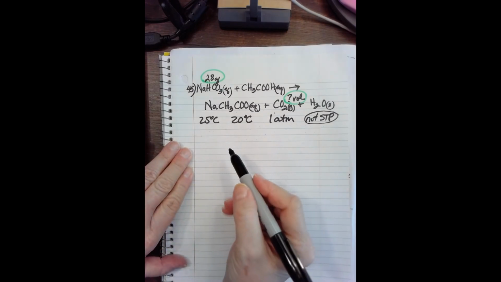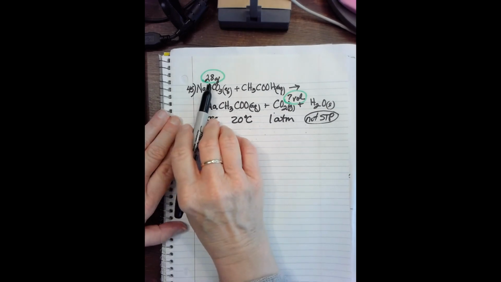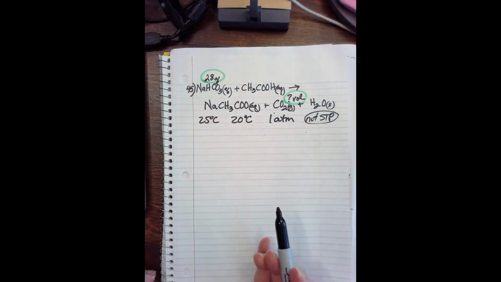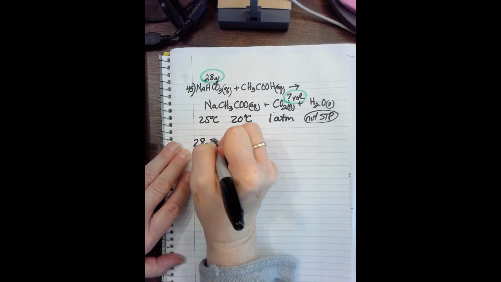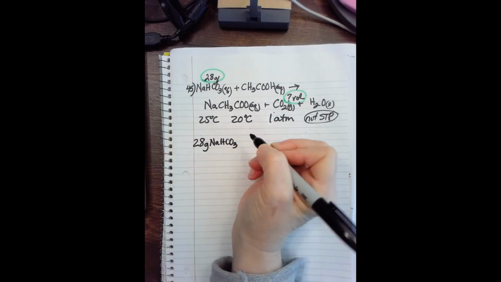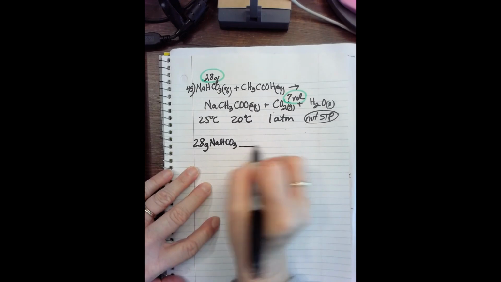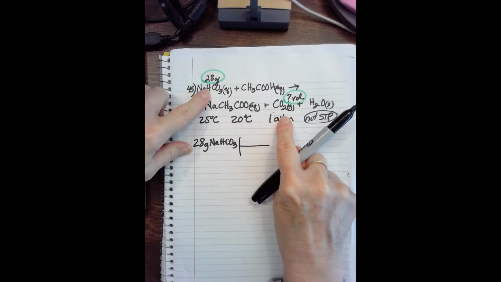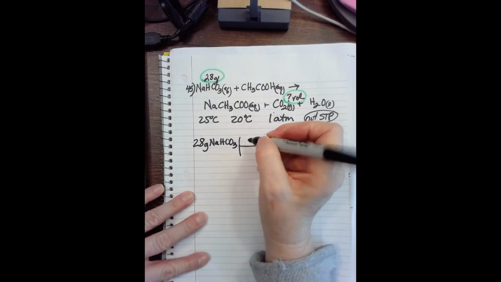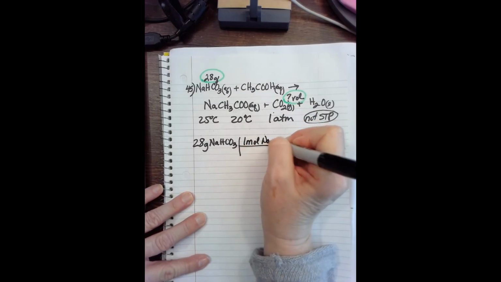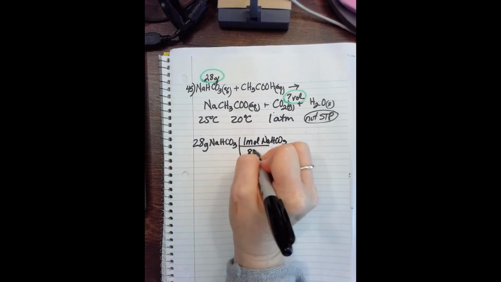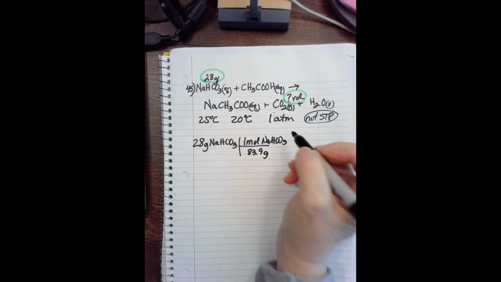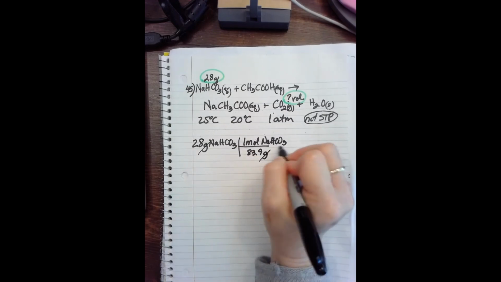Okay, all right, so we have a mass, right? So the only thing we can do here is do stoichiometry from the beginning. So we're going to take 28 grams of NaHCO3, and we need to convert that to moles because we know we can't compare these at all unless we're comparing with moles. So 1 mole of NaHCO3 has a mass of 83.9. I did have that available to me, so grams is going to cancel.